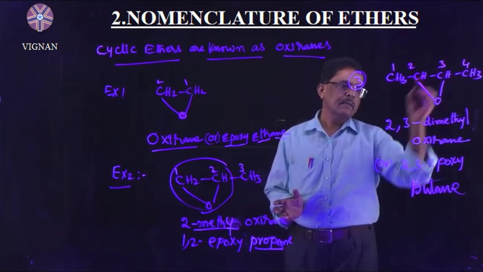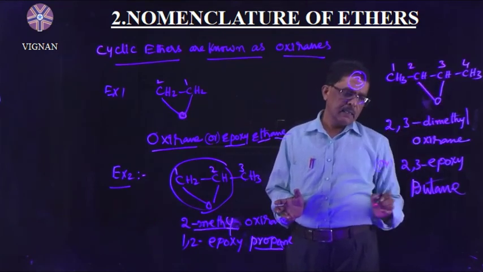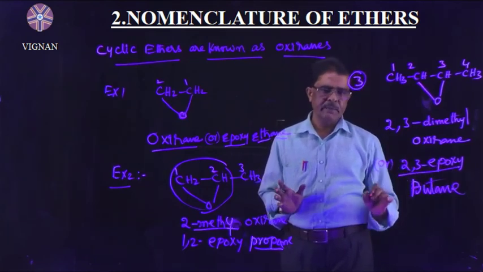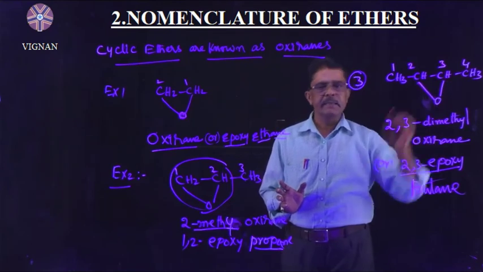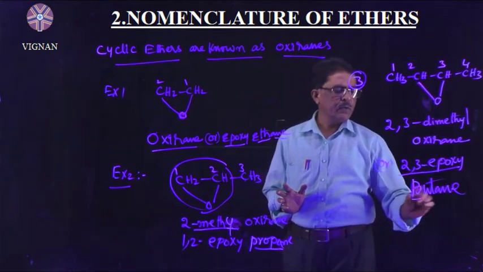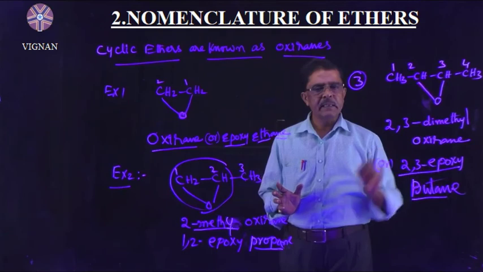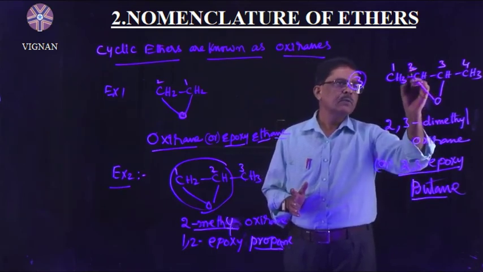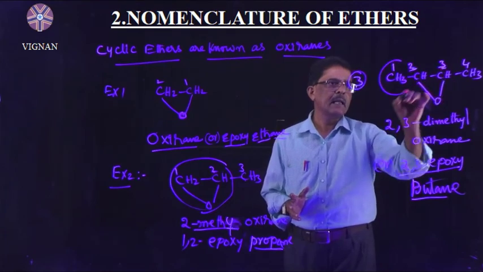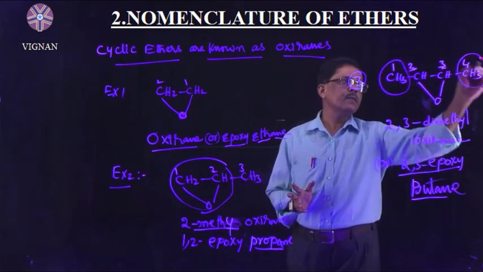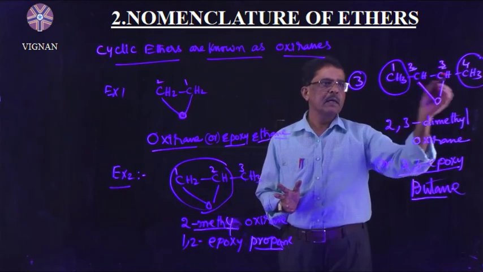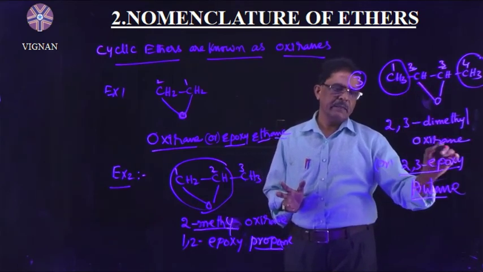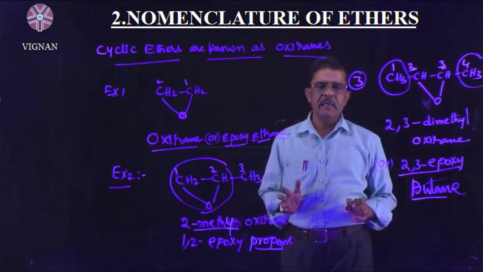At the second and third positions there is an oxygen linkage, so we say 2, 3-epoxy. The total number of carbon atoms in the chain is 4, hence 2, 3-epoxybutane, or 2, 3-dimethyl. This one is methyl and this one is also methyl. 2, 3-dimethyloxidane.